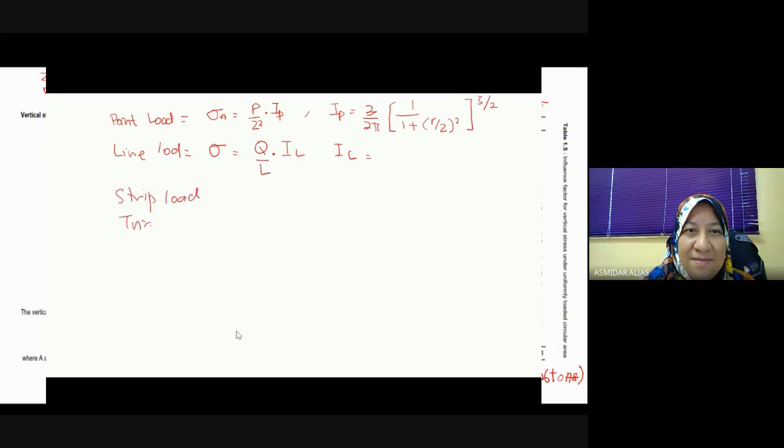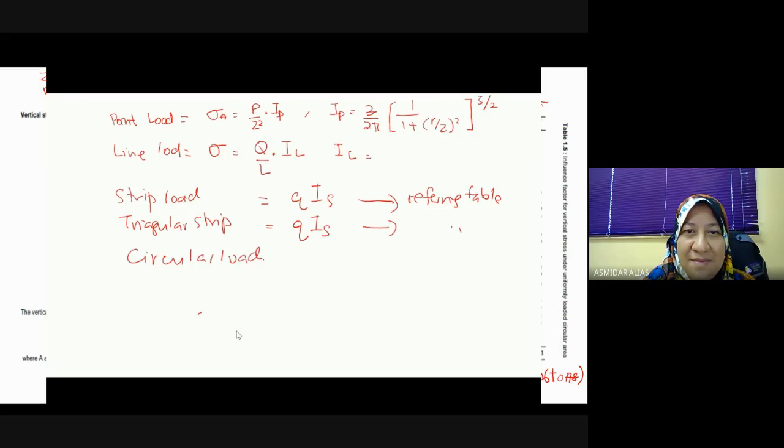And then triangular strip load. This one is Q times IS, and this one is Q times IT. Both of these refer to the table. This one is the same. Just now we learned about circular loading, where again we refer to the table. The next part will be the rectangular section.